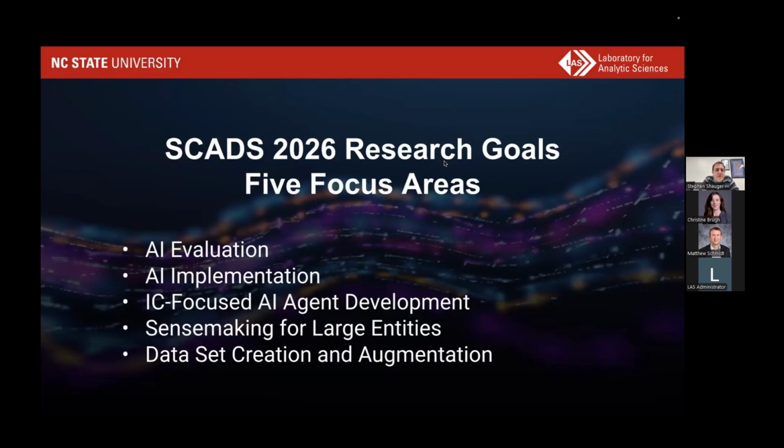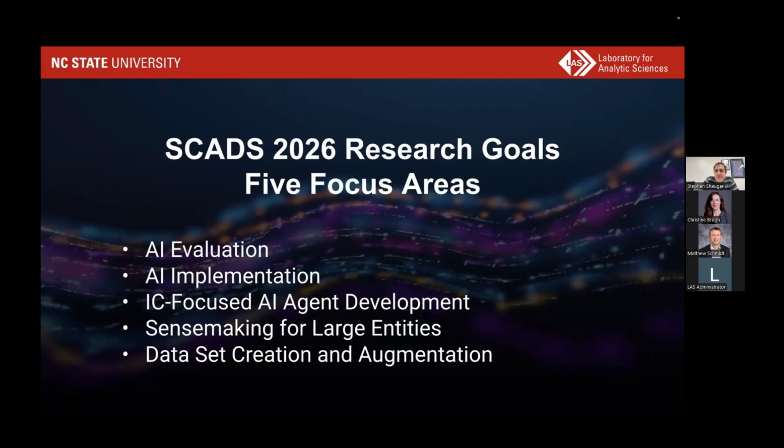For 2026, we have 5 focus areas. I'm going to talk about each of these in turn, but as a quick overview, the first 2 are more on AI and how well it's doing and how well it can do: the evaluation of AI and implementation of AI. The second 2, which we'll talk about next, are about the mission focus areas, so why we want to use this AI.